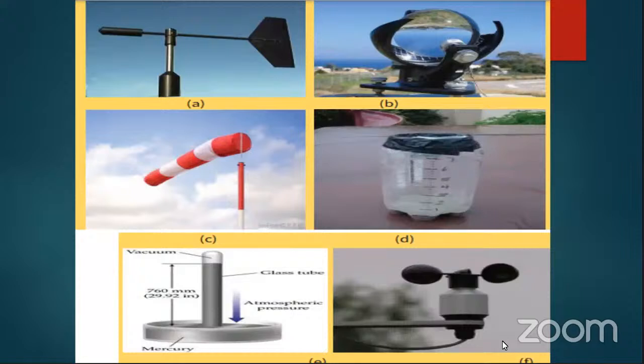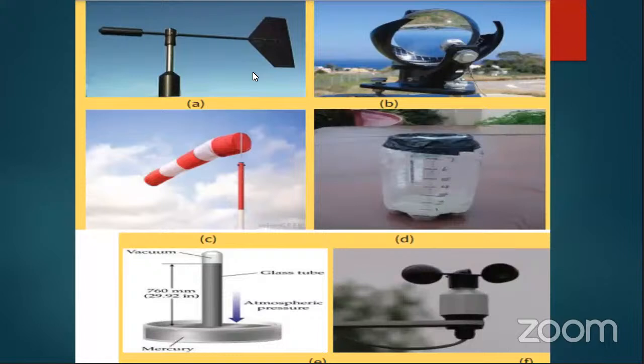For example, what does picture A show? By show of hands, what does picture A show? Those are some of the instruments found at the weather station, and these instruments are used to record.